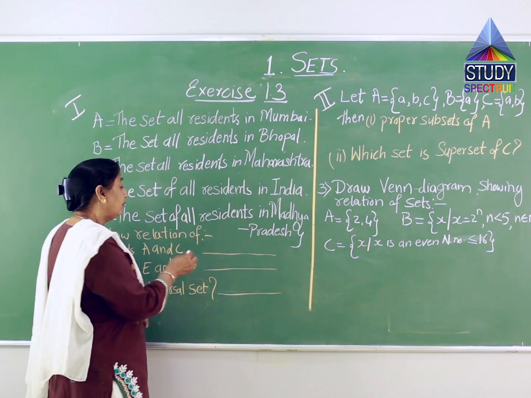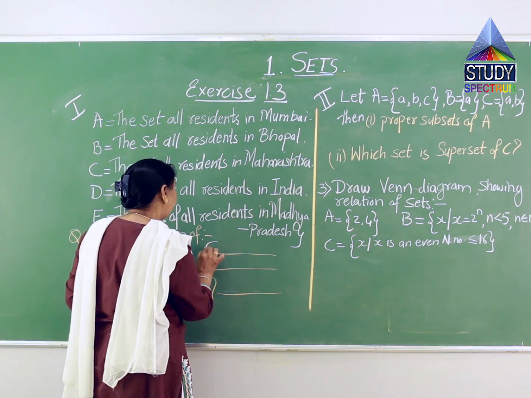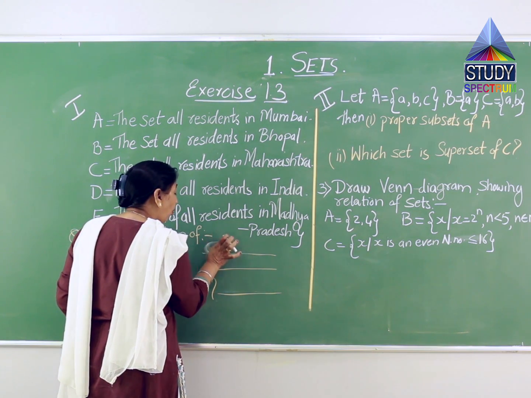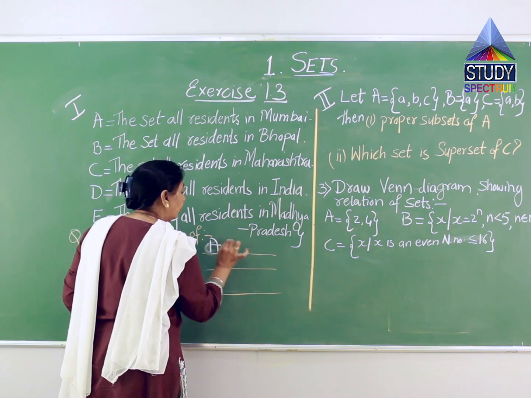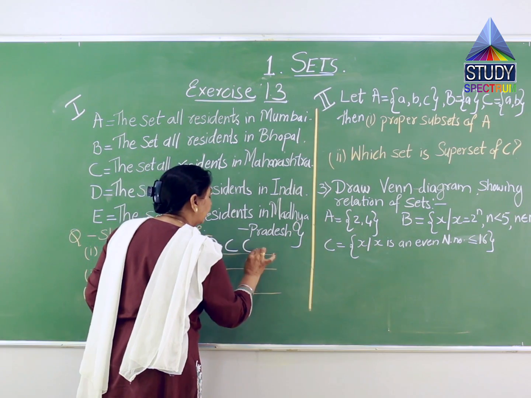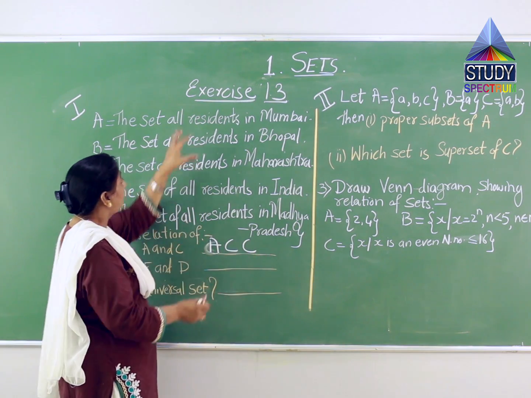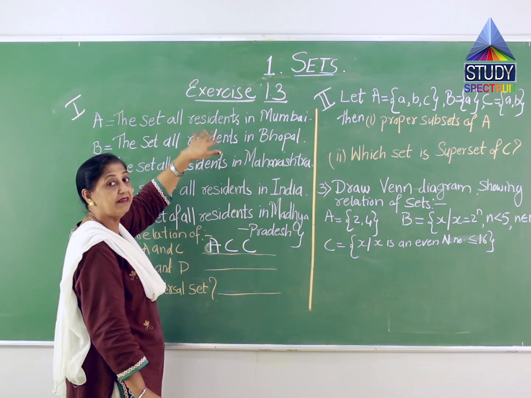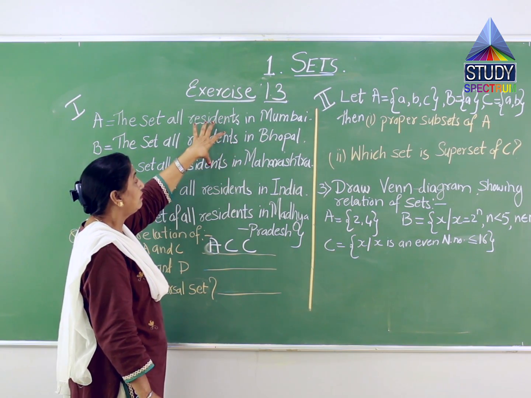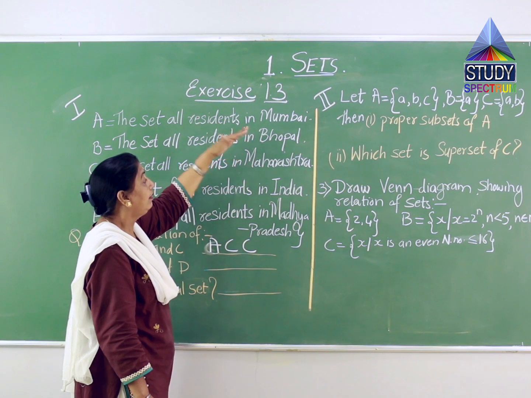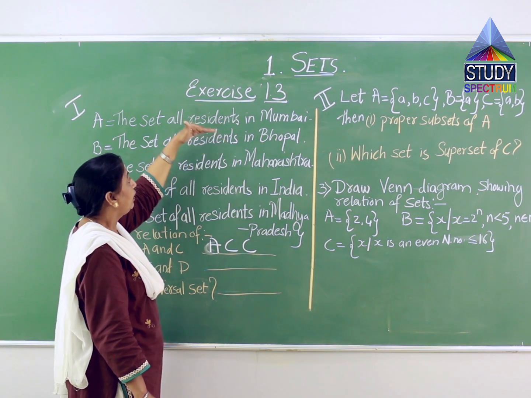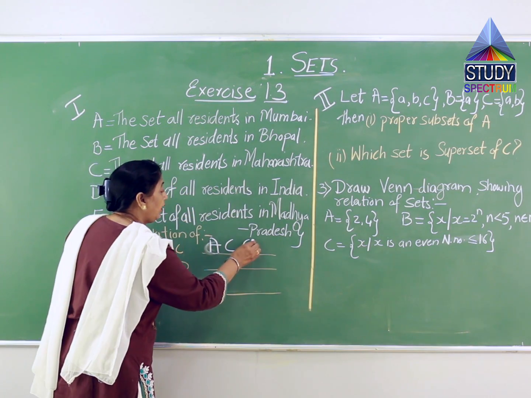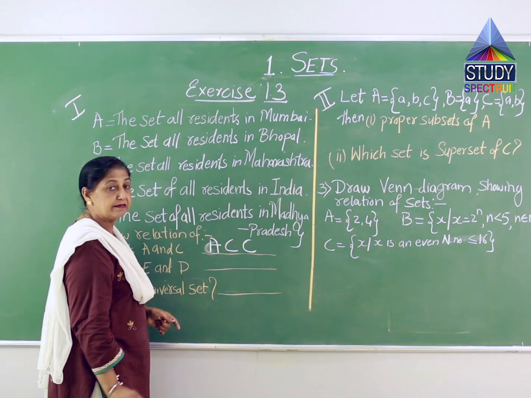C is a superset, and I can say that set A is a subset of C, as the element of set A, Maharashtra consists all these elements. If the set of residents of Mumbai are in Maharashtra, then A is a subset of set C, and this is the way you have to write the answer.